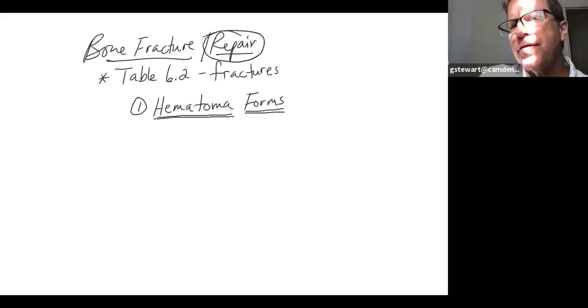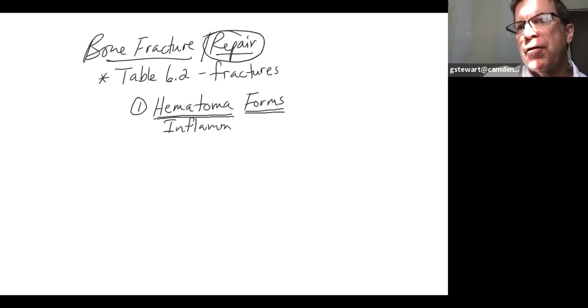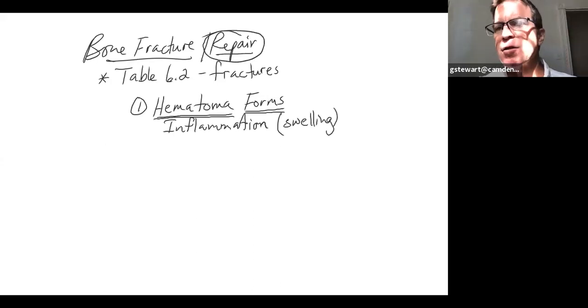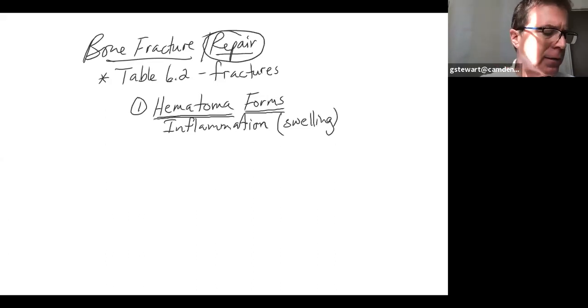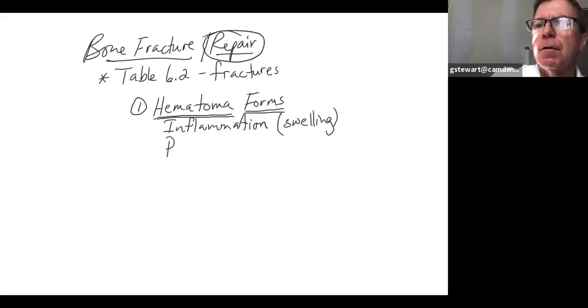We also get inflammation. That's one of the first things that happens: the area becomes inflamed and we get lots of swelling. That means increased vasodilation, bringing fluid into that area. That's what causes the puffiness and the pain as well. And during this stage, phagocytes, mostly macrophages, but some osteoclasts as well, start to devour or clean up the debris.